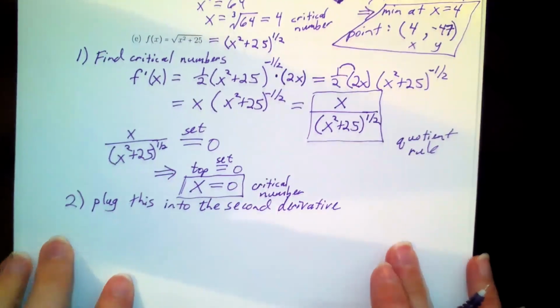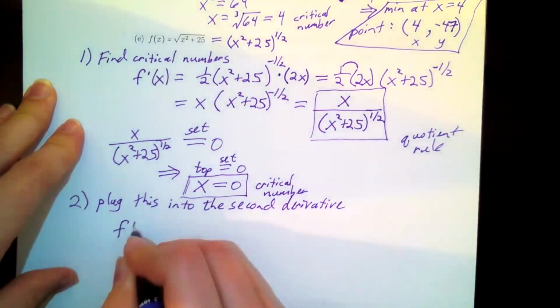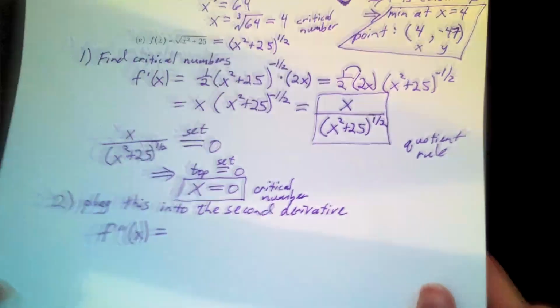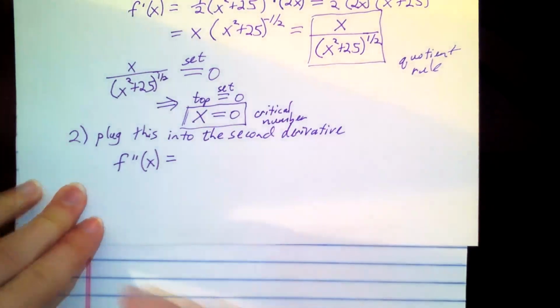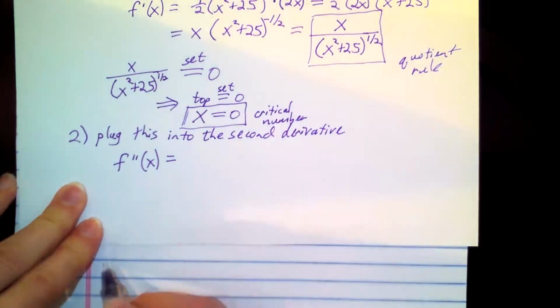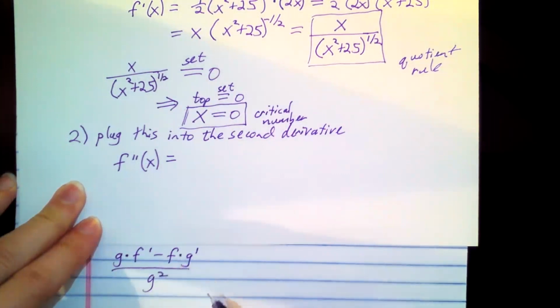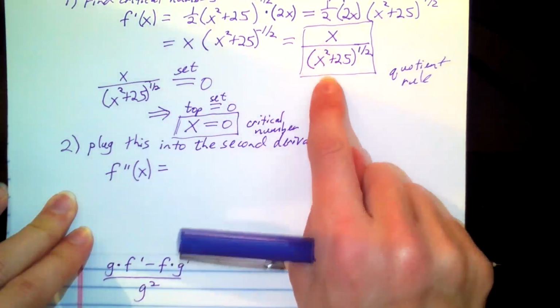Now here's where you might want to be careful. My second derivative is called f double prime. And if you want to, we can use this. I'm going to use a little bit of side scratch paper here. In general, the quotient rule is given by g times f prime minus f times g prime all over the square of g, where you have to let f be the top of the fraction and g be the bottom.